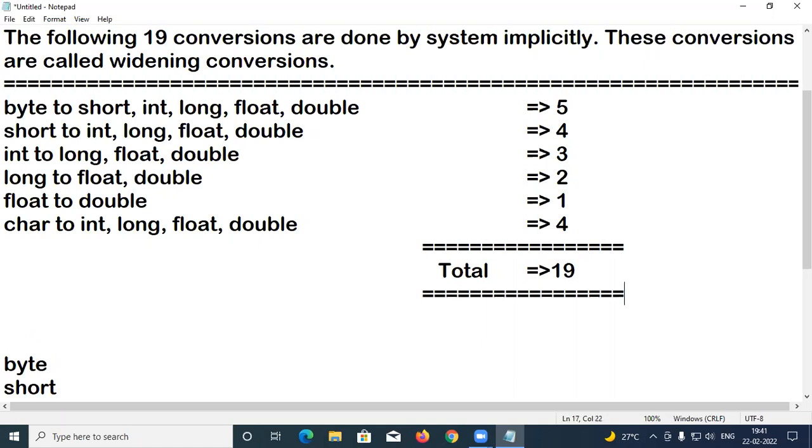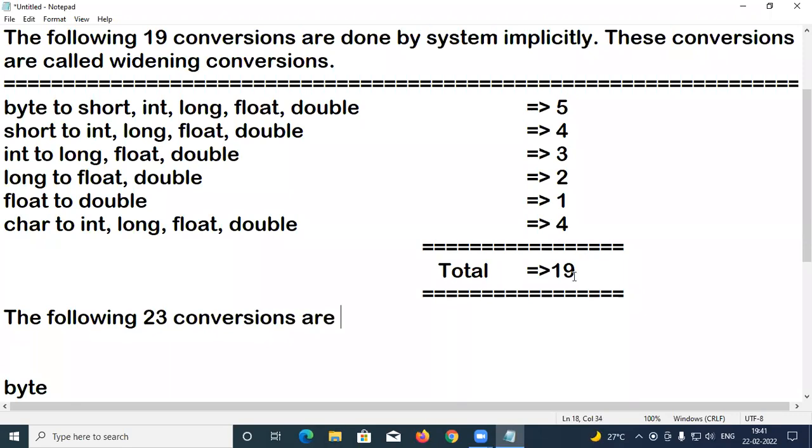Now, which are the 23? Whatever is not there in the list, that is the 23. You observe. The following 23 conversions must be done by the programmer explicitly.